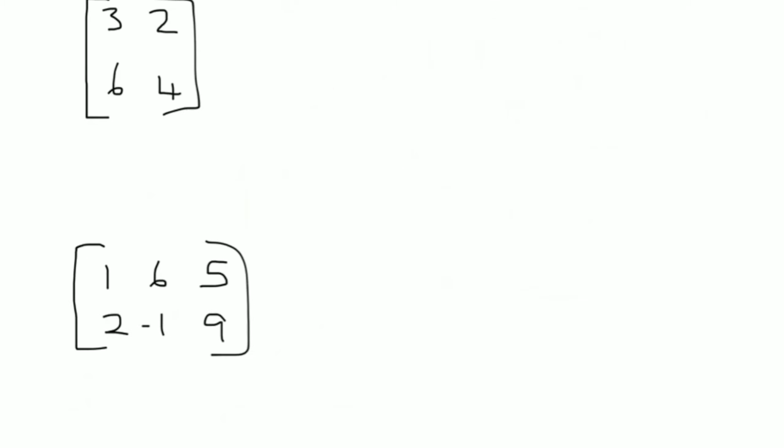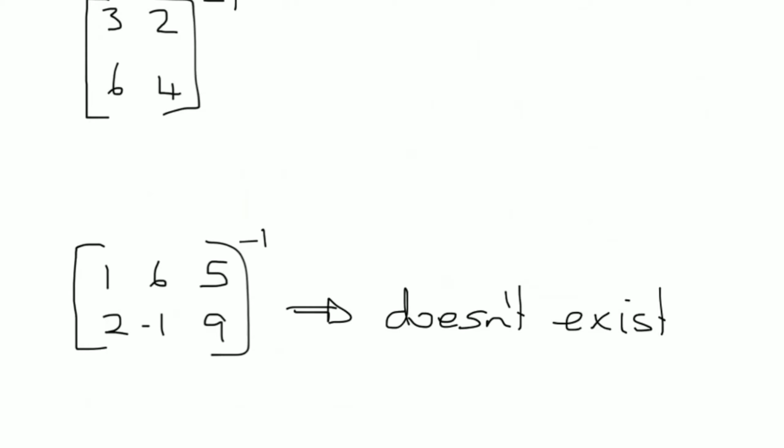Two final examples. We want the inverse matrix of each of these. Well, this one is quite easy. It doesn't exist. Remember, only square matrices have an inverse. So if it's not a 2 by 2 or a 3 by 3 or a 4 by 4, then there is no inverse matrix.